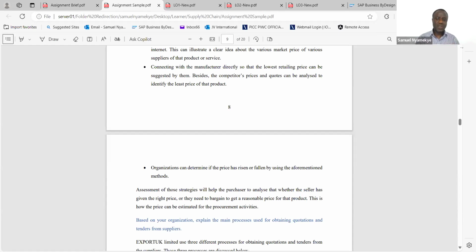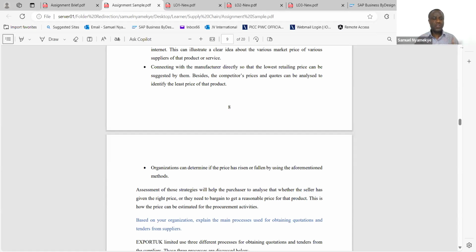The request for information will also give you a fair idea of their capabilities, their financial strength, and also their capacity to support the quantities that you are looking at. And then when you get this, you evaluate, and you are able to select the ones that will be able to support you.